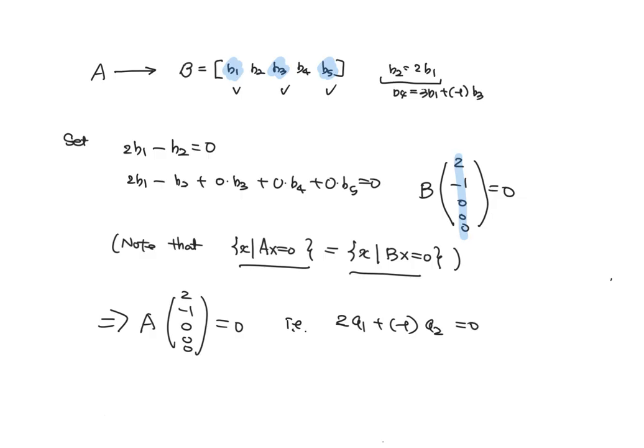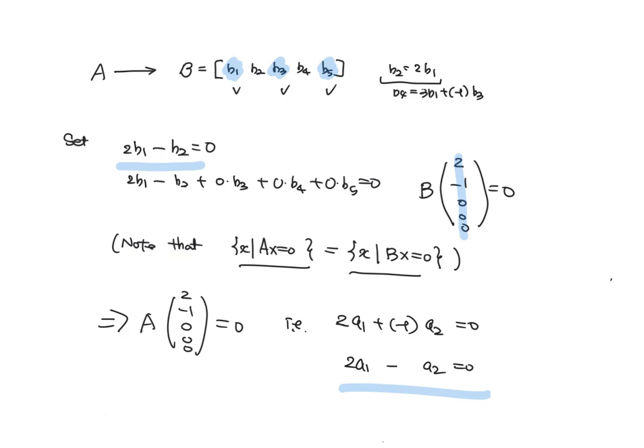In other words, 2A1 minus A2 must be 0 as well. So given some vectors in B, if you have some linear dependency relation, in other words, given collection is linearly dependent, then the corresponding collection of the columns in A will also be linearly dependent.